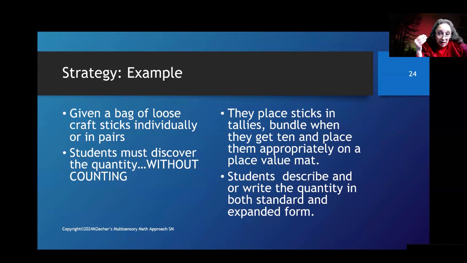Students describe and write the quantity in both standard and expanded form. Using your hands, you can say, expanded form tells me what a number is made of, and standard form tells me its name.